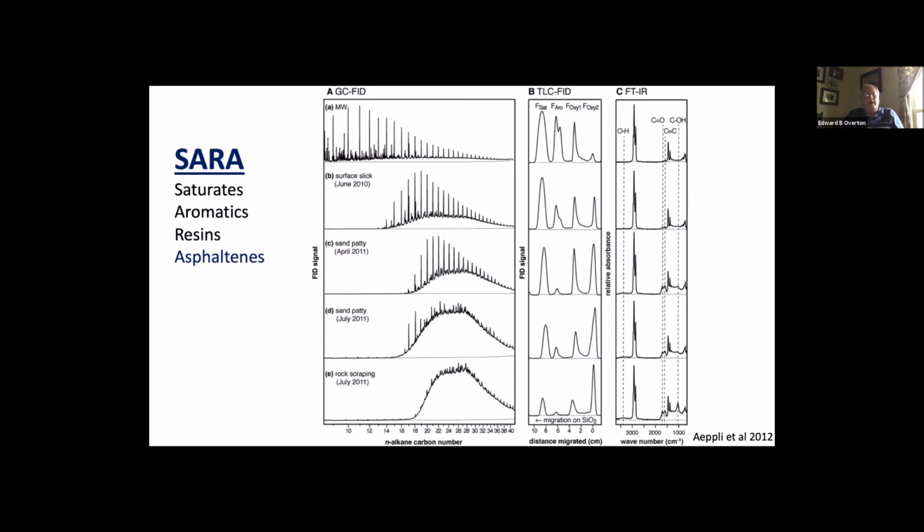And this slide from Chris Reddy's 2012 publication just shows the chromatographic differences as oil weathered in the environment and how the fractions, the saturates, the aromatics, and the oxy compounds change over time. And notice the hump gets really big and the heavy molecular weight oxy compounds get really big in this fraction.